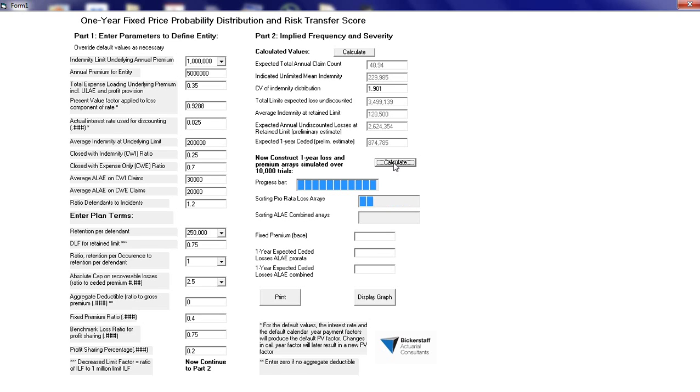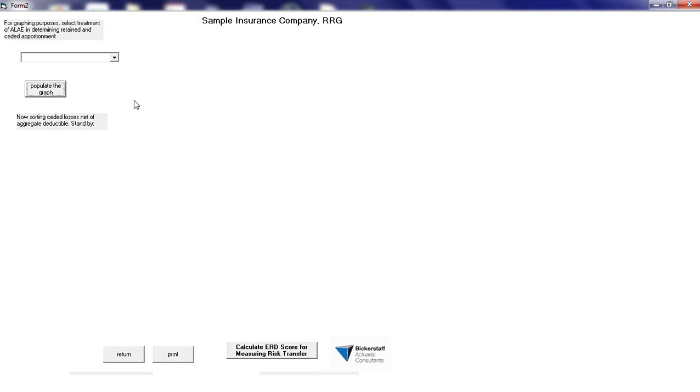So we've simulated the results over 10,000 trials into these 2 sets of buckets, 10,000 buckets each, one with the 2 definitions of the ALAE provision as we defined in the previous parts. So now let's take a look at the graph of these probability distributions.